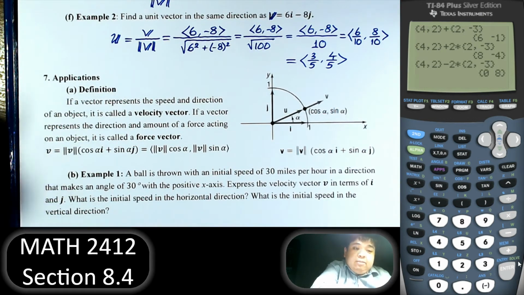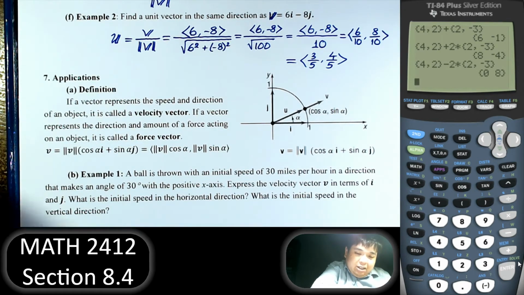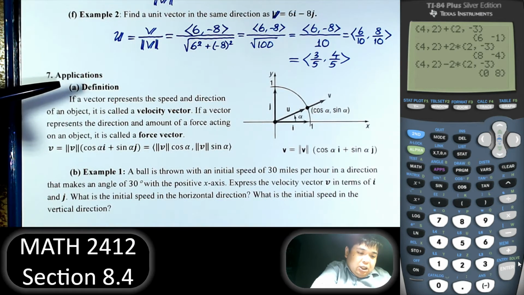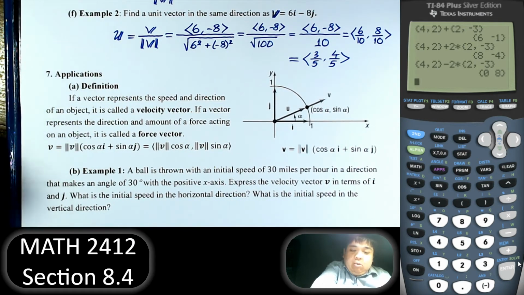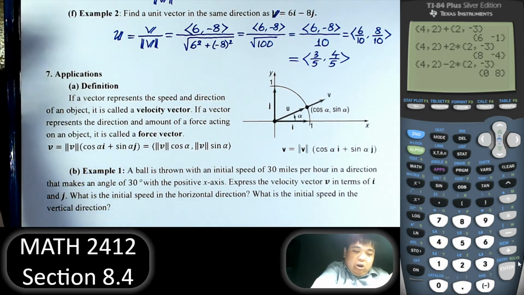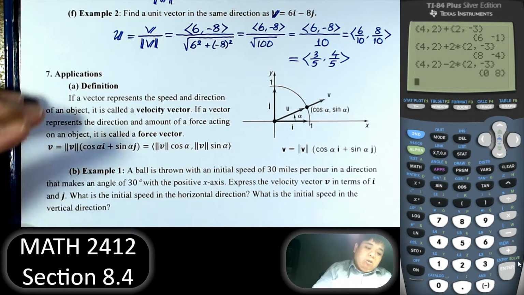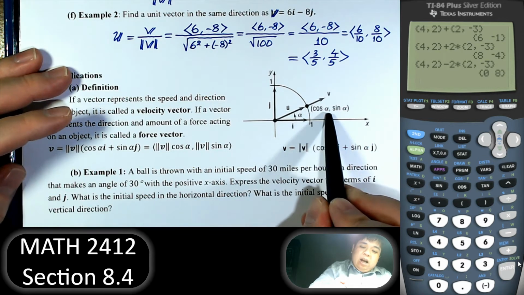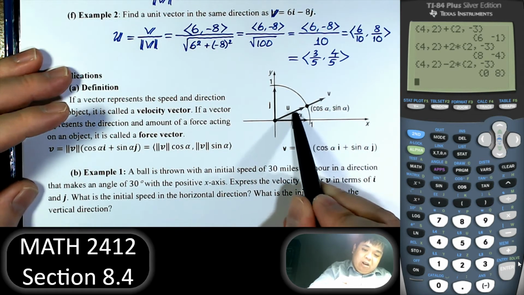Right. And yet there's another representation of the vector. Now, if a vector represents the speed and direction of an object, it's called a velocity vector. Of course, whether it's a velocity vector or not is not important. What we say here is that the vector v will be characterized by two components, cosine of alpha and sine alpha, where alpha is the angle.